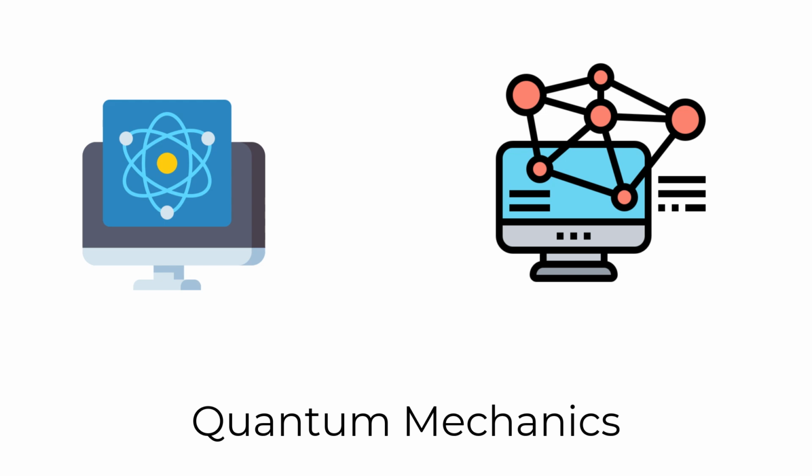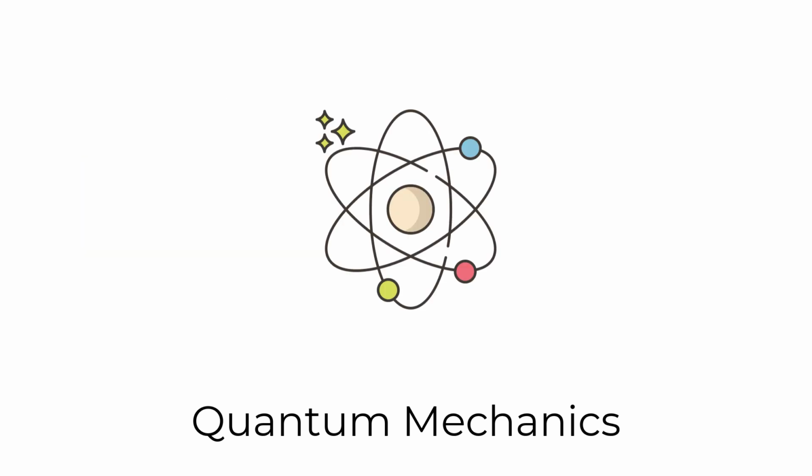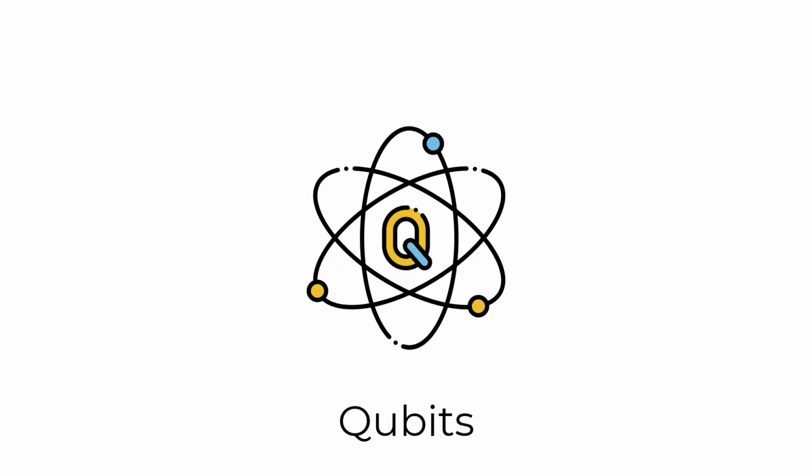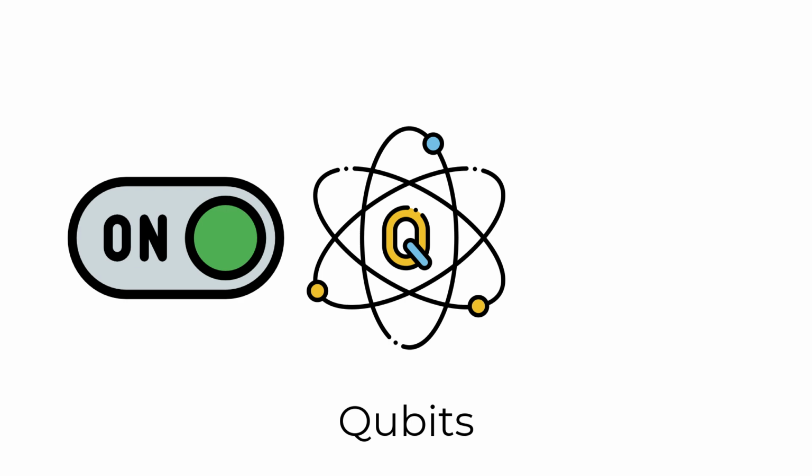Quantum computing is a type of computation that utilizes quantum mechanics to solve complex problems. Now, there is something called qubits. Quantum computers use qubits, which can exist in superpositions of states, that is, they are both 0 and 1 simultaneously.